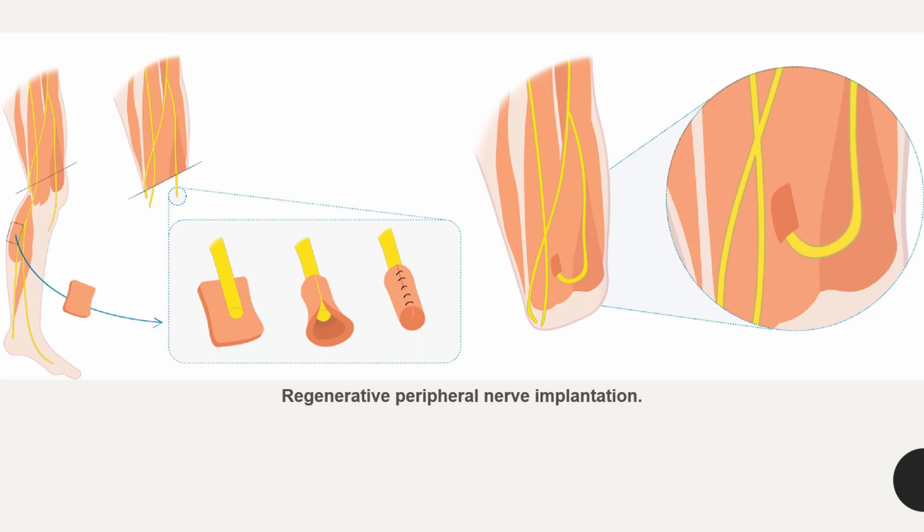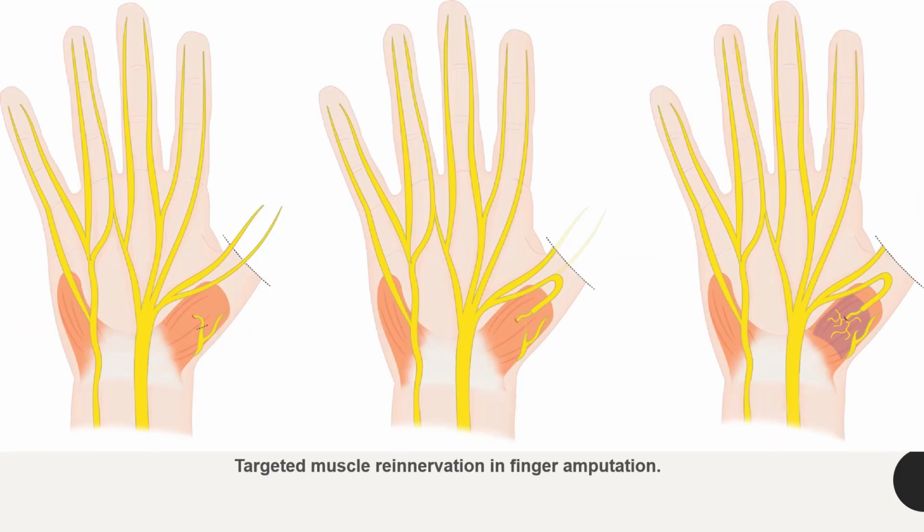Finally, regenerative peripheral nerve implantation was a technique in which the nerve stump was wrapped with muscle obtained from the limb, and then implanted into the muscle. The muscle provided a cap to prevent axonal neuroma formation.